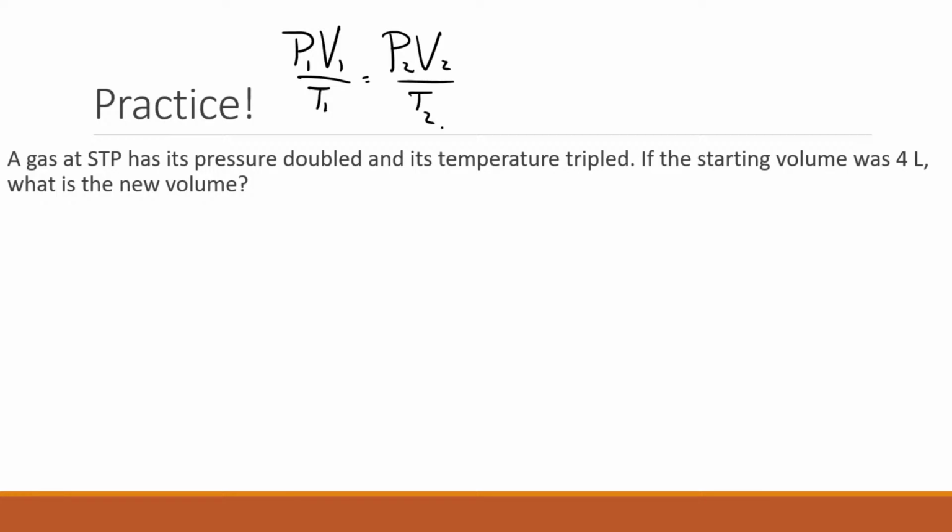The only number they give you is the starting volume of 4 liters. The only number they give you is V1. So again, I'm going to give you about a minute to try to see how far you can get in this. Can you find the trick? And then we're going to go over it.